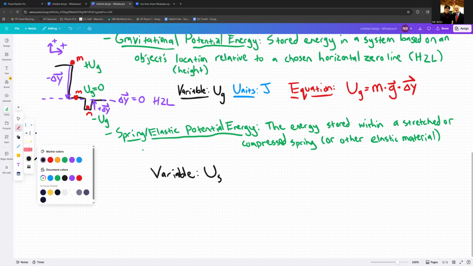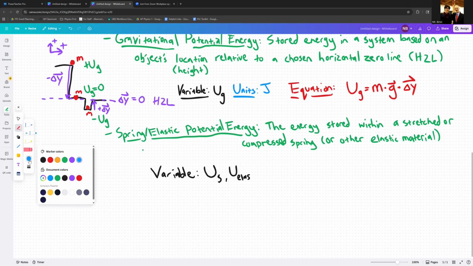You might occasionally see that, but it's not going to come up a whole lot. You could have elastic if you had an object like a rubber band that was not technically a spring, but you wanted to look at the energy stored within it. Then we could write it as U elastic or U_ELAS. But you won't see that a whole lot.